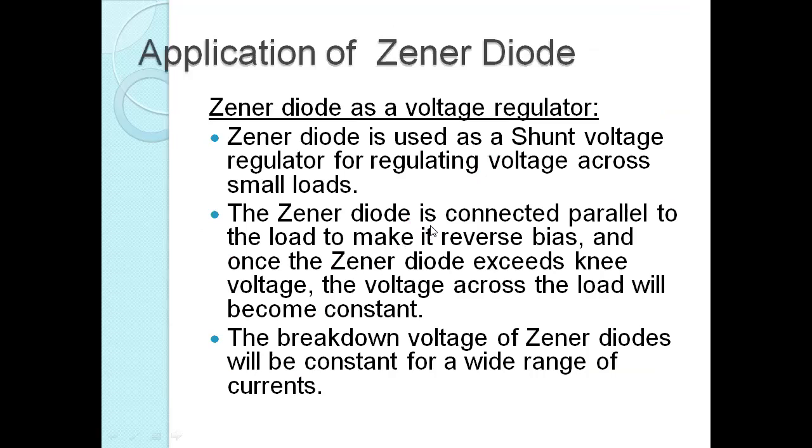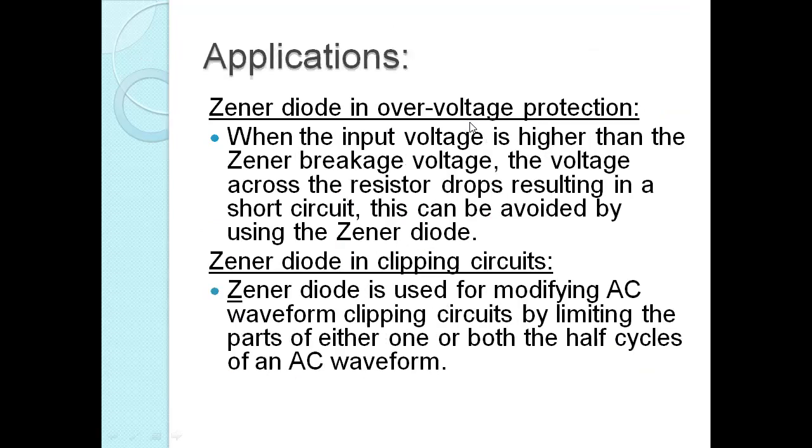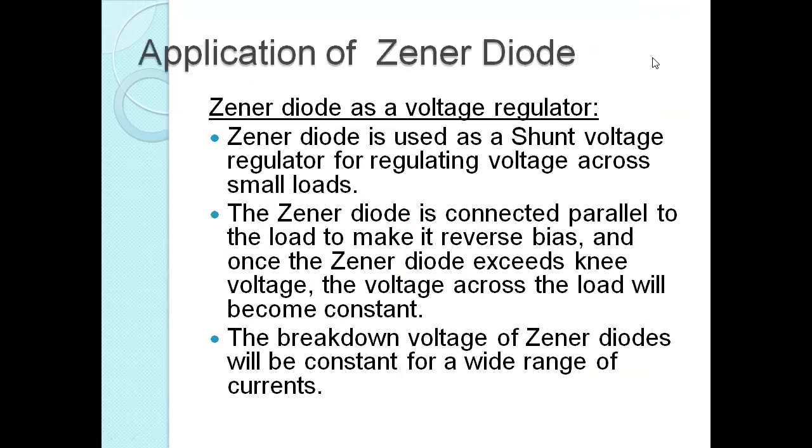Coming to the applications, the Zener diode can be utilized as a voltage regulator, as an over voltage protector, and in clipping circuits. Coming to the voltage regulator, the Zener diode is used as a shunt voltage regulator for regulating voltage across small loads. The Zener diode is connected in parallel to the load to make it reverse biased, and once it exceeds the knee voltage, the voltage across the load will become constant.